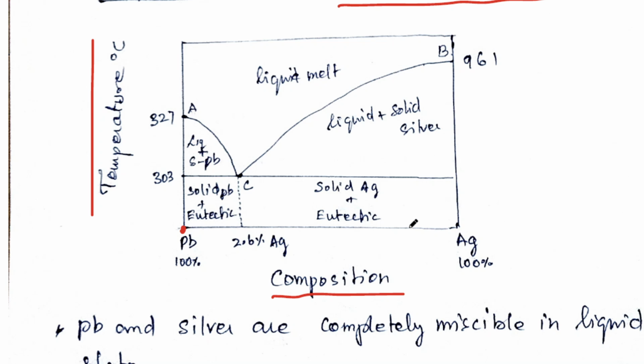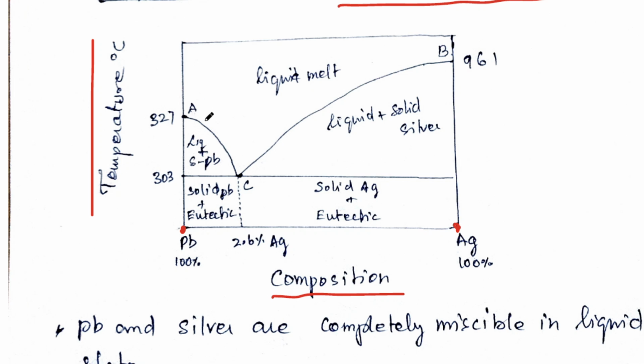If you take any point here, that means the silver is more here, maybe 90% silver and 10% lead. This is how you have to understand. But at this point silver is 100%. Along this axis silver is 100%. Okay, you have understood that.